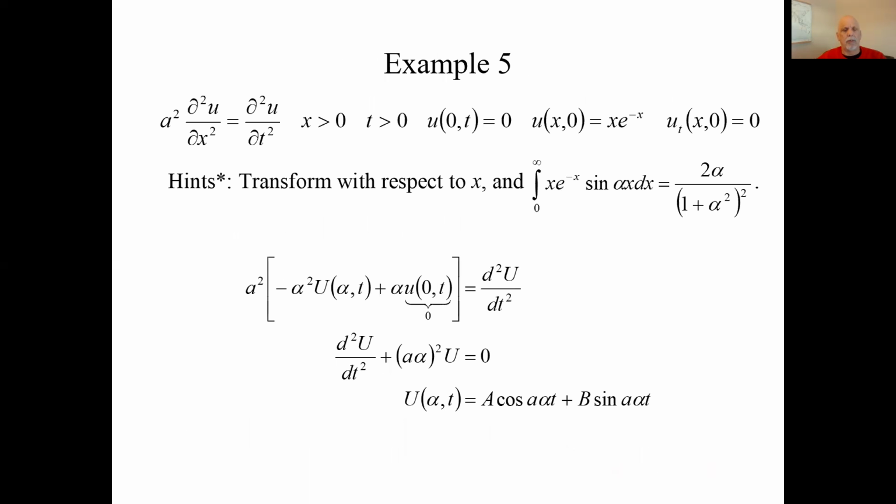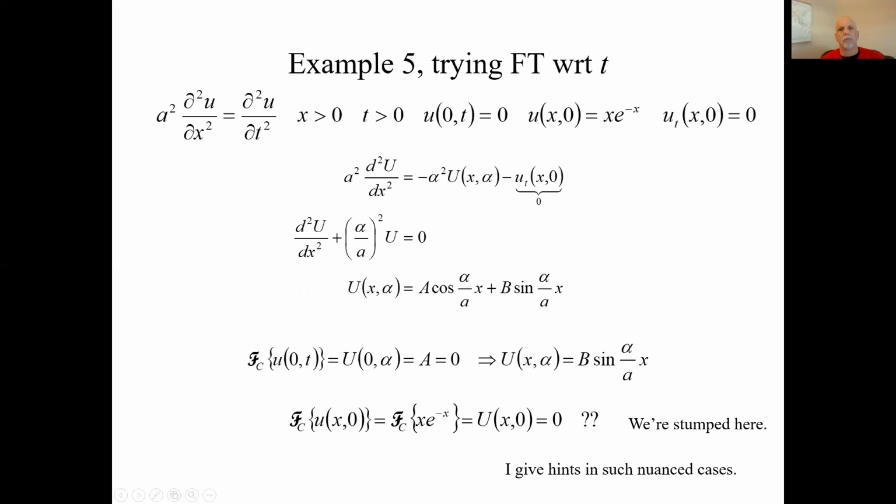What would have happened if I tried to take it with respect to t? Let's try it with respect to t. It shows up as a second derivative, semi-infinite, so we know we're going to use the sine or cosine transform. Let's look for where t equals 0. Here, this is a 0 condition.